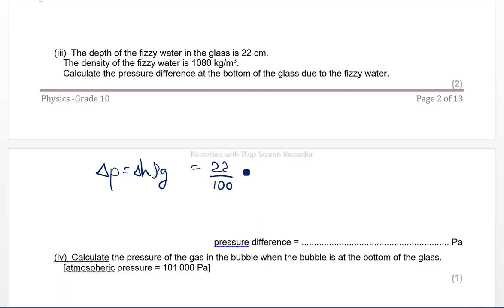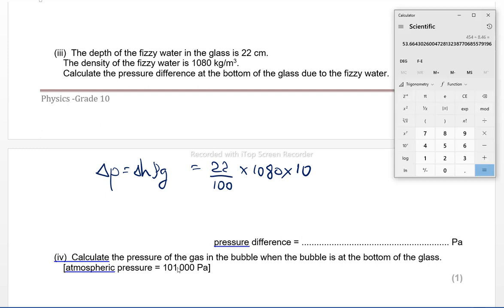So to convert centimeters to meters, I divide by 100 and then multiply by 1080. Gravitational field strength for the IGCSE specification, you take it as 10. So it's 22 divided by 100 multiplied by 1080 multiplied by 10, which equals 2376.